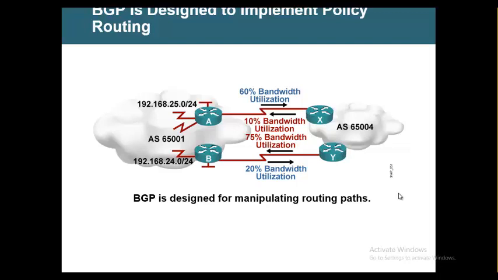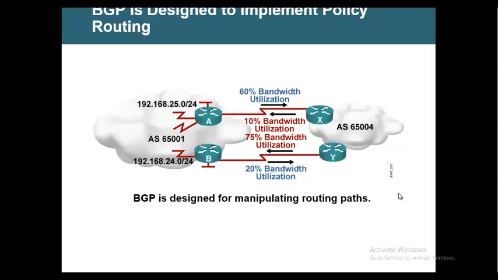Only for those destinations to which 60% of bandwidth is needed. And then for those destinations where 20% bandwidth is needed, for those destinations I give 200 local preference on B.